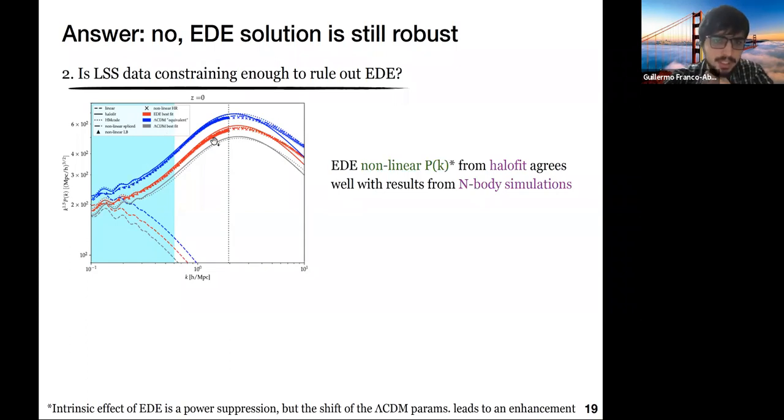This is, for example, shown here in the red curve. We are showing the nonlinear matter power spectrum. Here the triangles and the crosses show the results of the N-body simulations, and the solid red lines show the results of the Halofit algorithm. So we see that they actually agree very well.